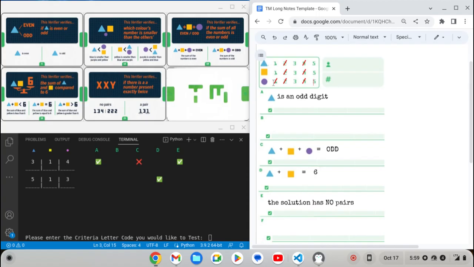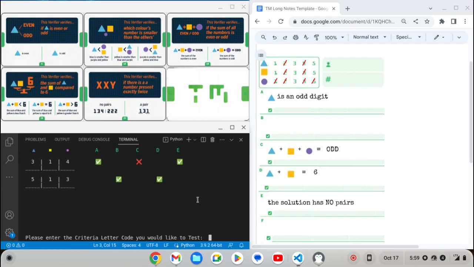And now we'll simply test criteria card B to see which is the smallest. Again, because I'm saying that the sum is 1 and 5 to give us 6, either triangle or square has to be the smallest. So let's see if we got it right. And that's criteria card B.